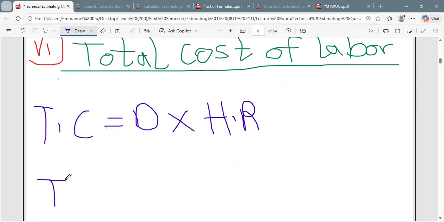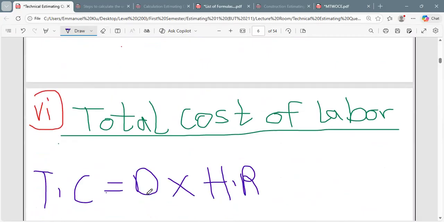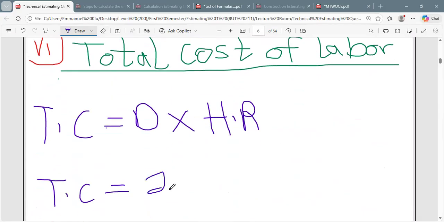So we can now say that our total cost is equal to the duration we had, which is 21 days. So you're going to say 21 times the hire rate.